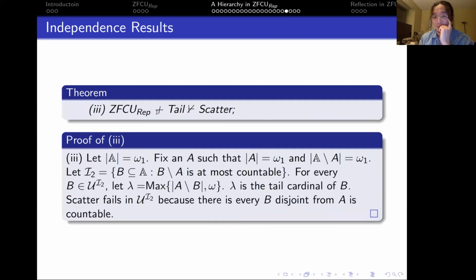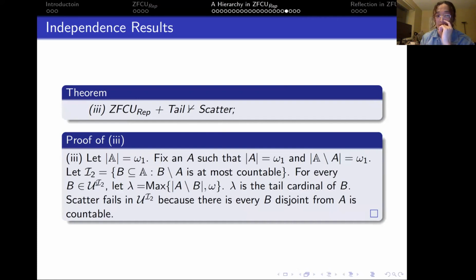So let's show that tail does not imply scatter. Again, start with omega 1 many atoms. Fix another set of atoms B of size omega 1 whose complement is also of size omega 1. And let I2 be this ideal. It consists of all the subsets B of A such that B minus A is at most countable.